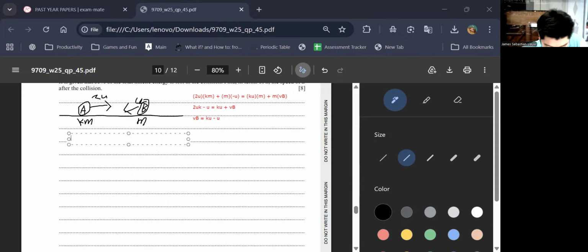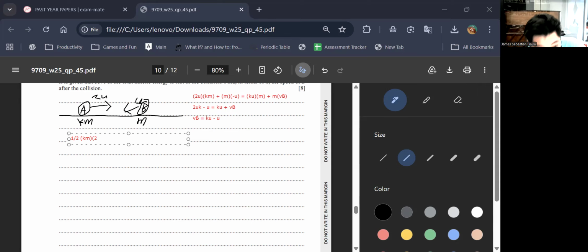And now take a look at the energy lost. This entire thing is essentially kinetic energy all the way.